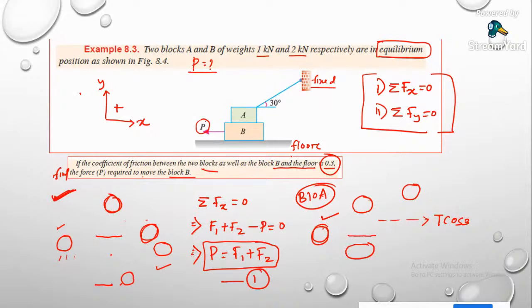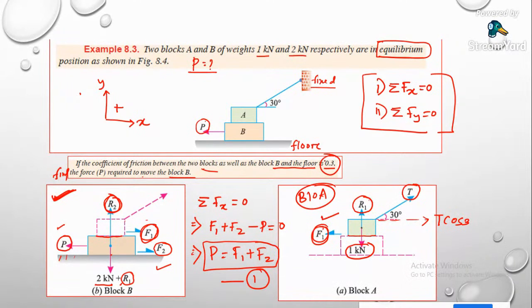So let me solve this very carefully. If you take the resolution of the tension, in this direction it is T cos 30 degrees, and in this direction it is T sine 30 degrees.